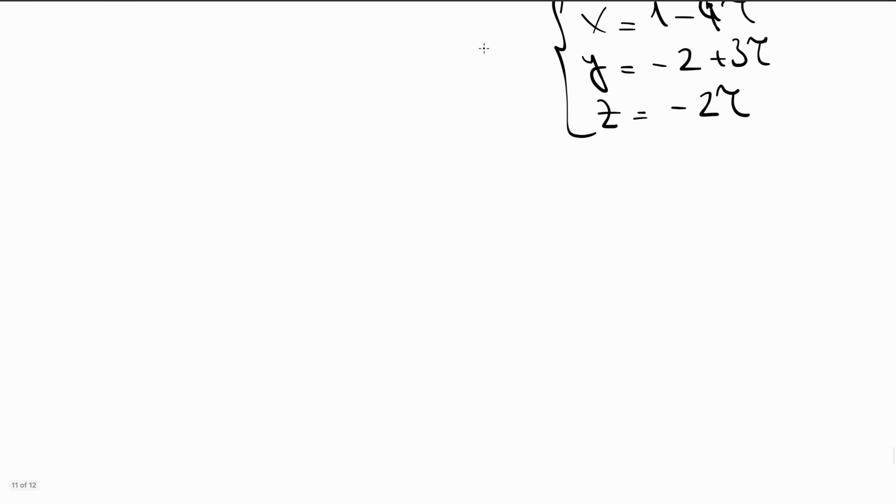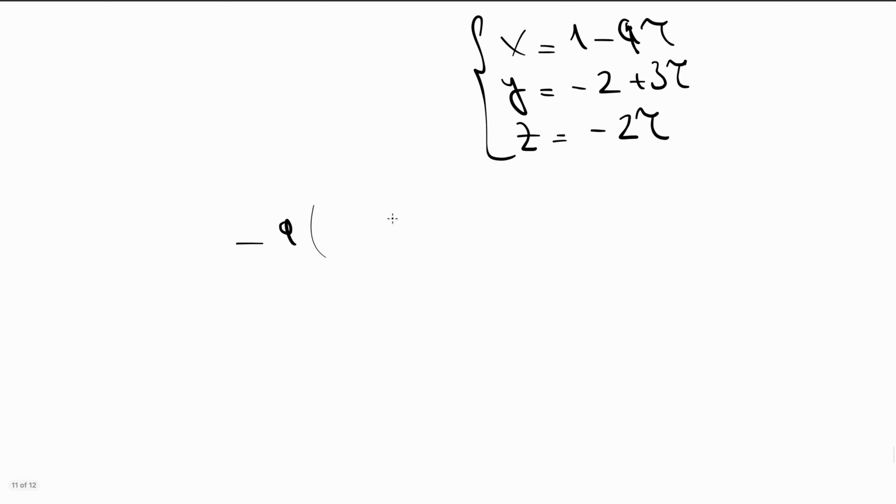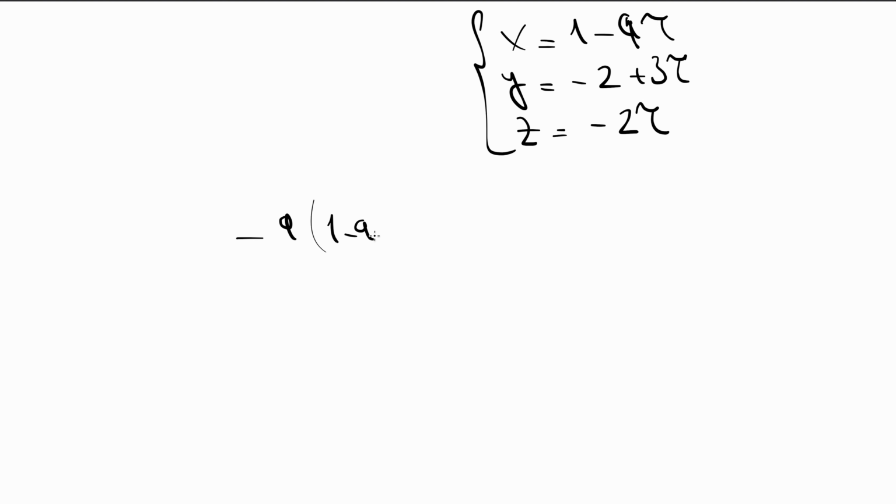Negative 9 times (1 minus 9 tau) plus 3 times (negative 2 plus 3 tau), minus 2 times negative 2 tau, which is plus 4 tau, equal to 32.